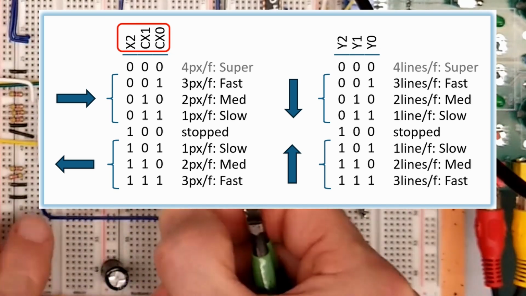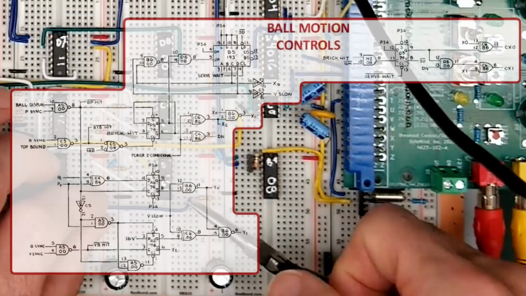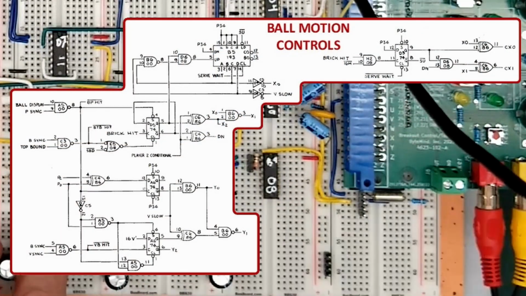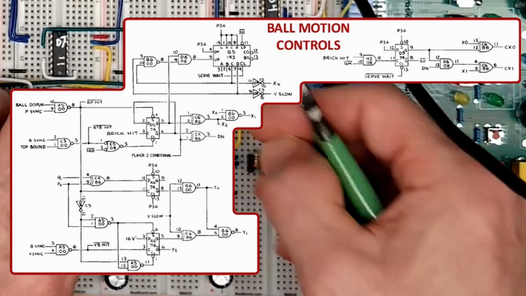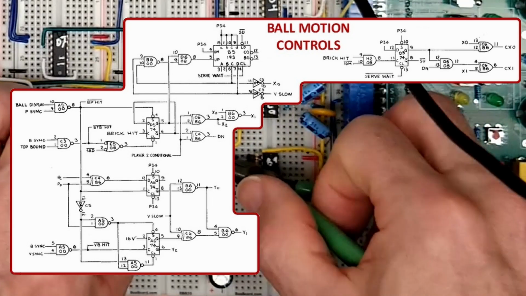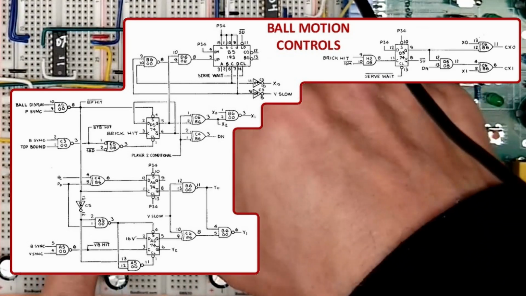This is once again most likely due to a modification to the original design. I believe the prototype motion control logic was a lot simpler than this, probably just 1 speed in each direction. The production version has logic for speed up, different paddle reflection angles, and cocktail model support. We'll see these later if we survive this part.